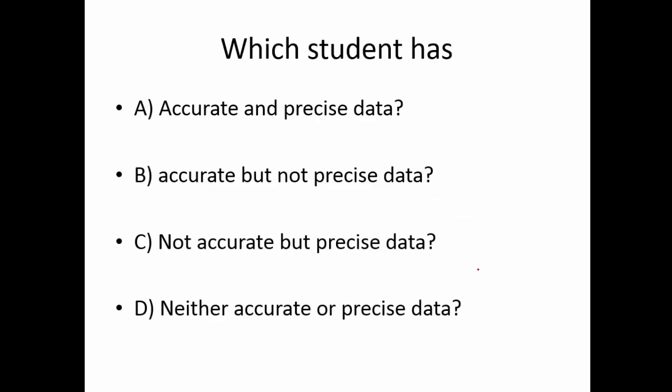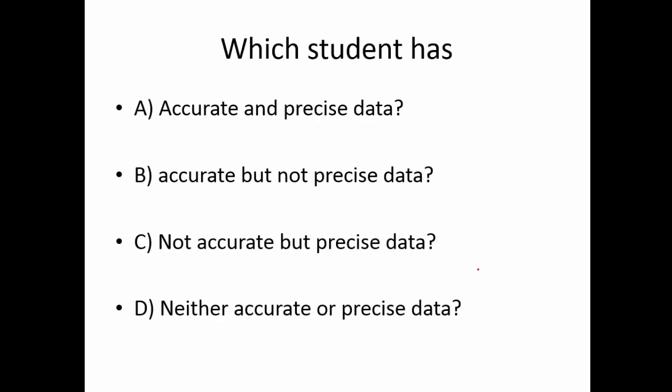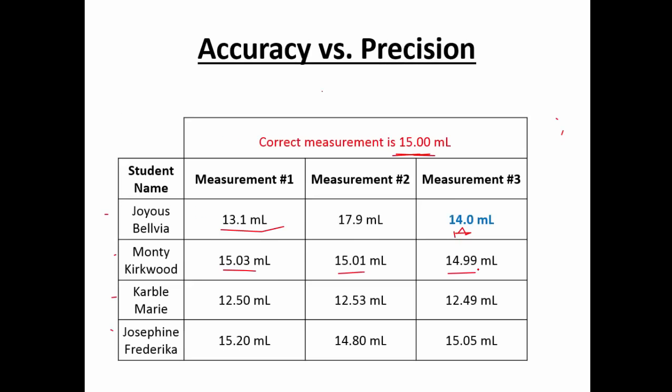So accurate and precise would be Monty. Accurate but not precise: whose data might have actually hit the target? Josephine. She had one that was right on the mark, but the other two not quite. Not accurate but precise: who is close each time, but not where we're supposed to be?